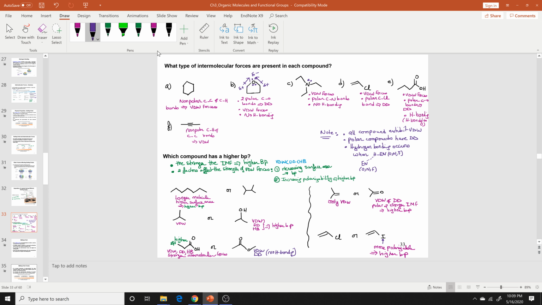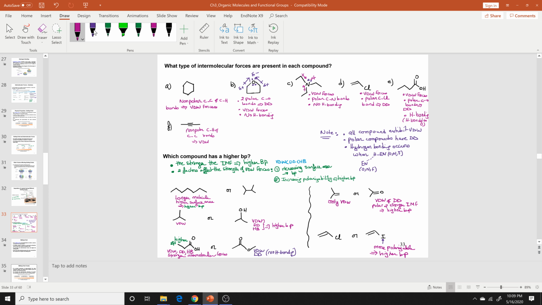For the amine over here, this is a tertiary amine. For this amine, what you have here is basically a dipole. This is going to be your dipole.